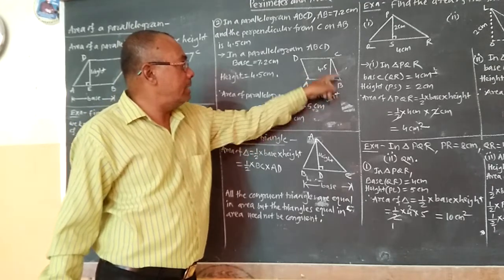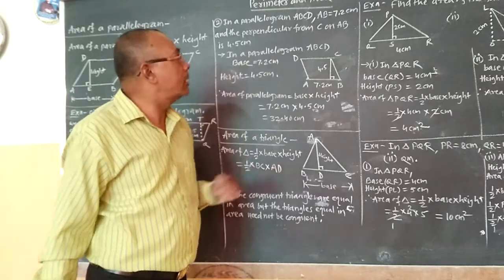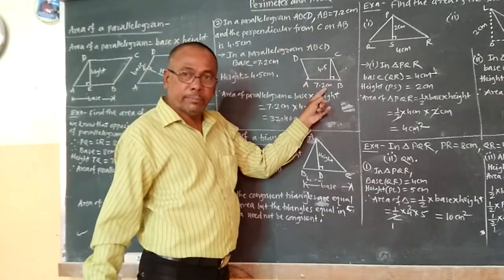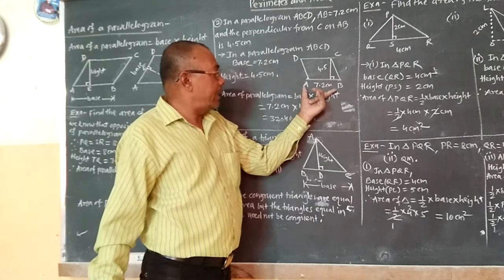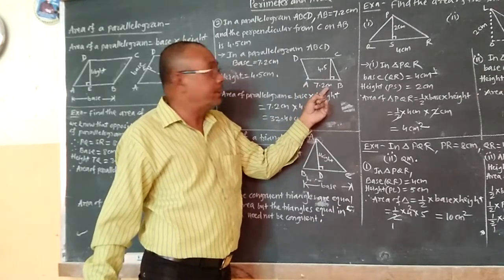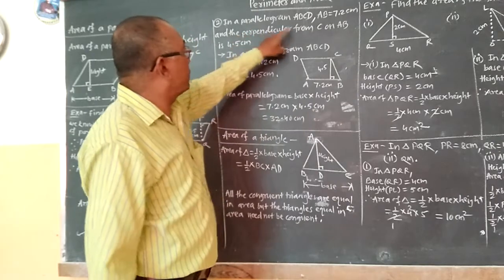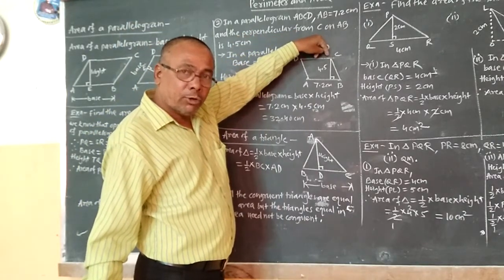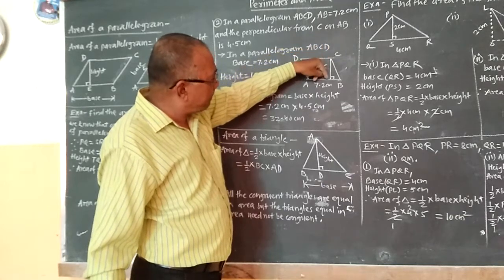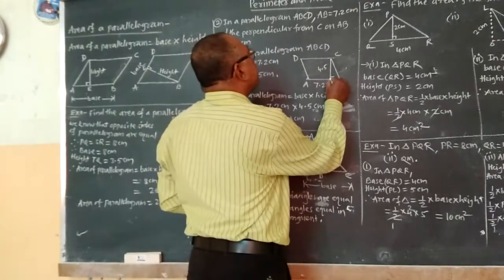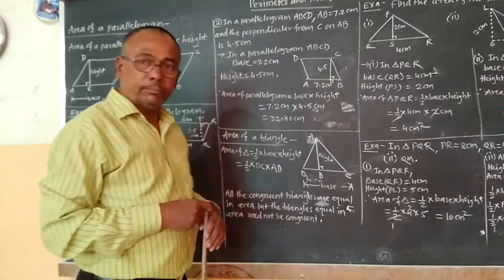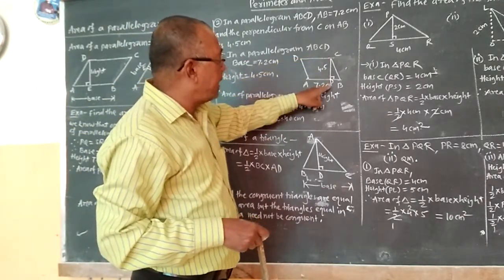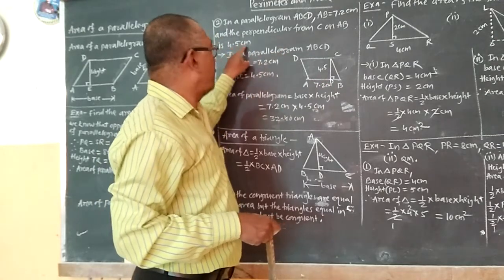Here AB is equal to 7.2 centimeter, and from the vertex C I have drawn the perpendicular, and it is the height, which is 4.5 centimeter.